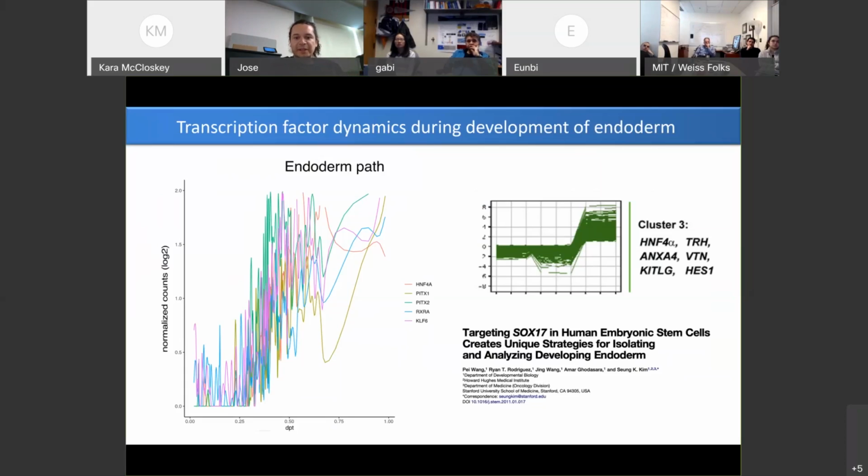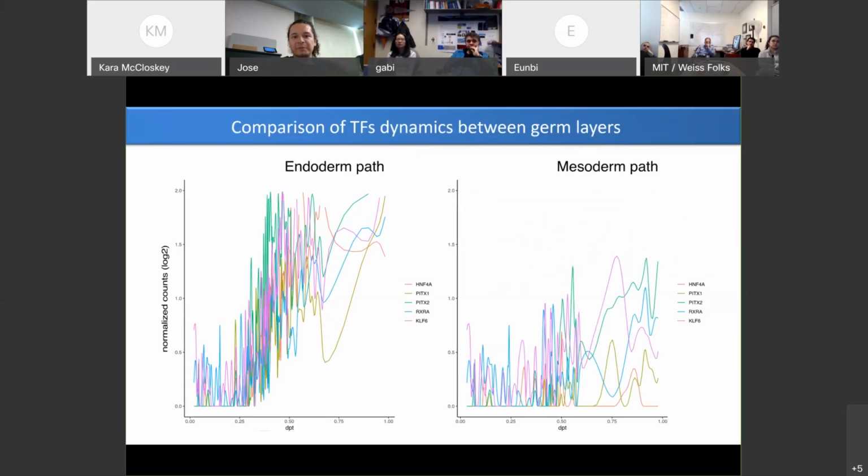And we can use this type of analysis to look for gene sensors or candidates to do that. This is one example: we can evaluate the expression dynamics of this set of transcription factors as you follow the endoderm path and also as you follow the mesoderm path. And this leads to candidates, genes that have lineage-specific expression, and therefore will be good sensors to produce lineage-specific circuits.